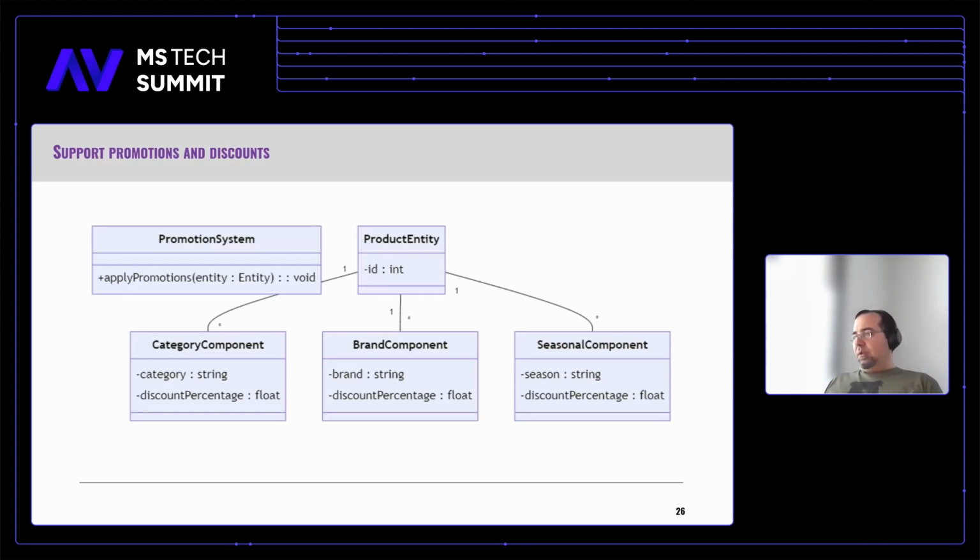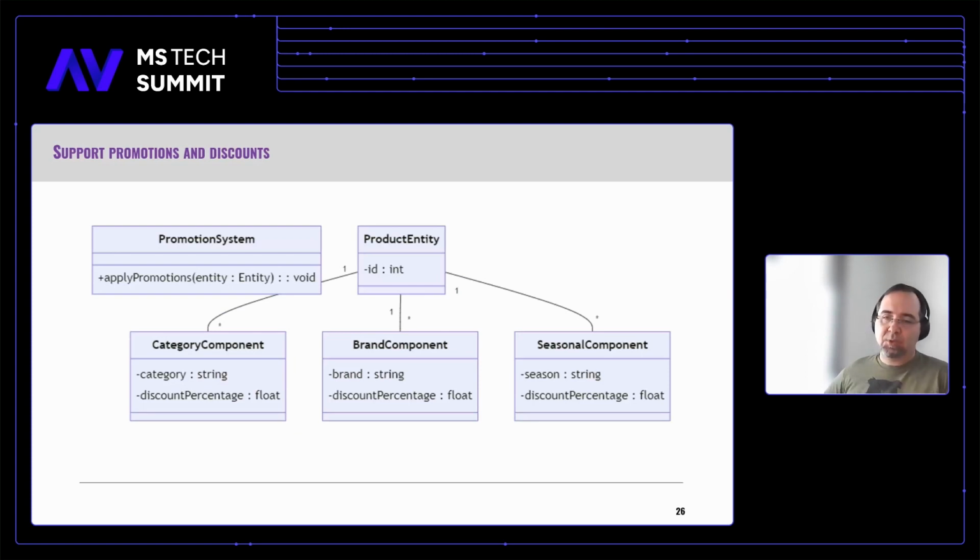And it will apply relevant components with discount percentages and whatnot to the product, right? And then the payment system will take into account those components, or you might have another system that will adjust the cost data in the component of the product entity that has the final price according to those components.